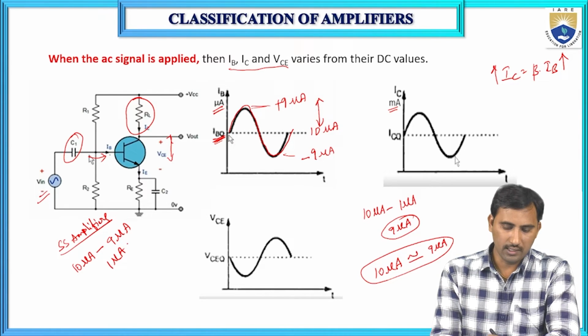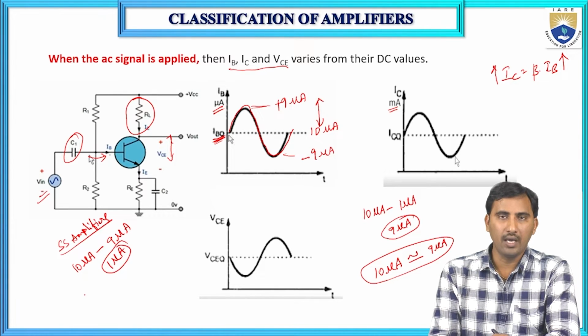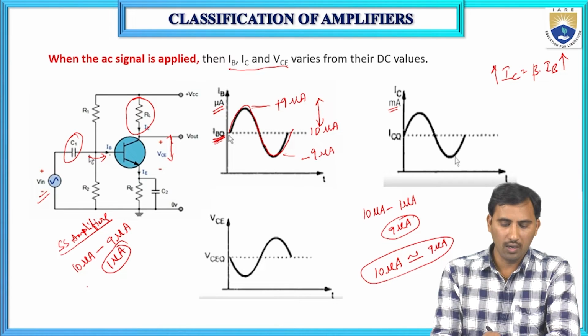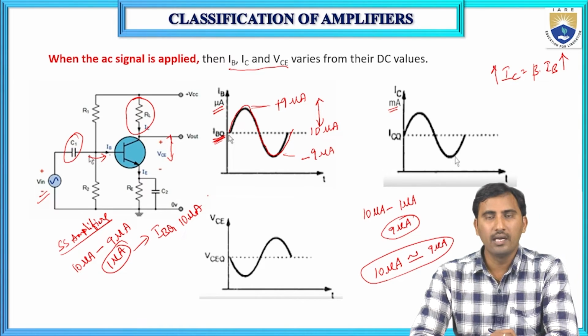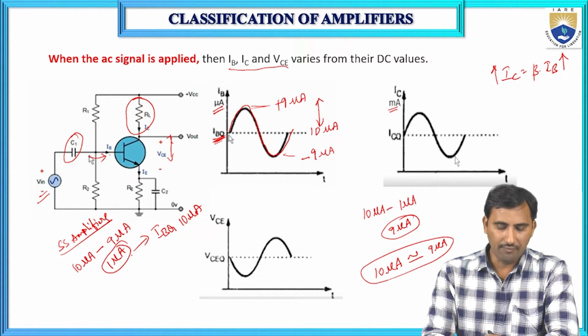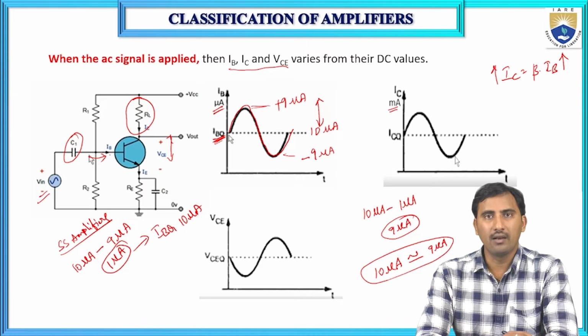This variation of 1 microampere is very small when compared with its DC value IBQ, which is 10 microamperes. So the variation of the AC signal with respect to its DC value is small in small signal amplifiers, and large in large signal amplifiers.